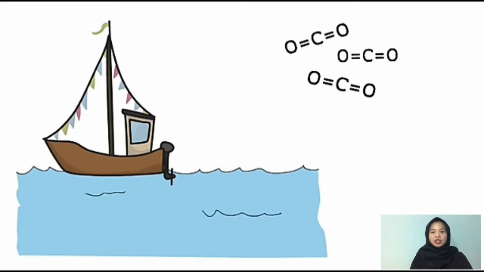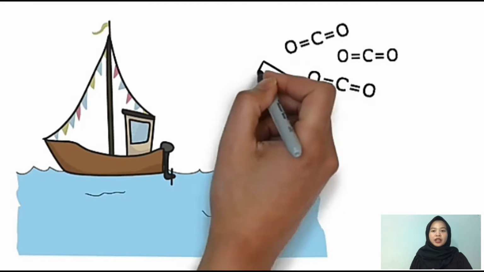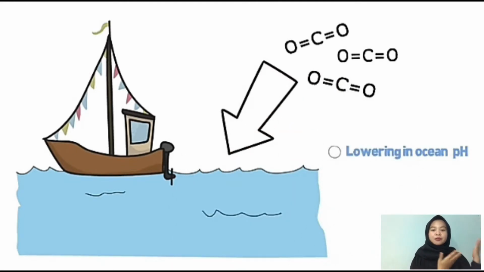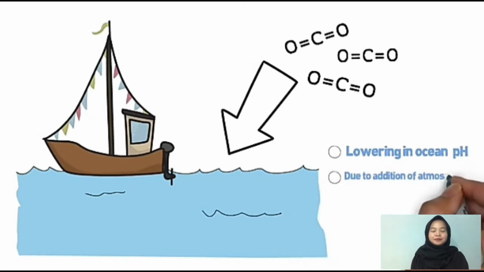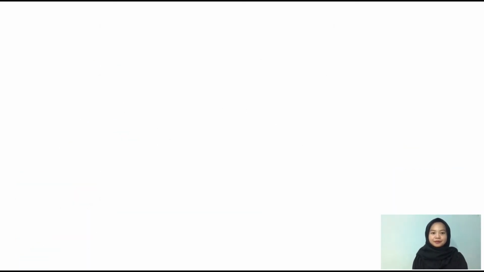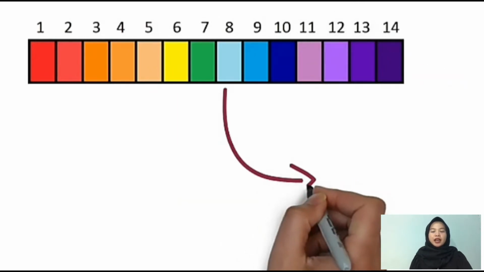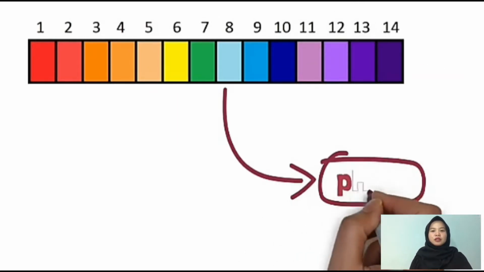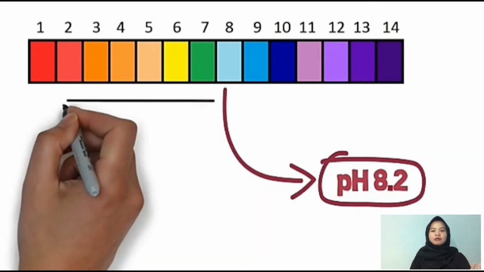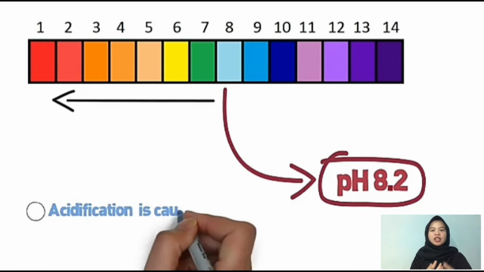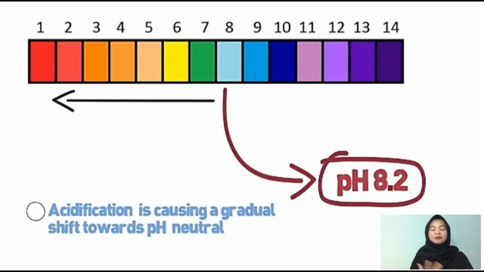Ocean acidification is the lowering of the pH of the ocean by the addition of carbon dioxide from the atmosphere. It is important to note that the world's oceans are naturally alkaline, and therefore acidification causes a shift over time.